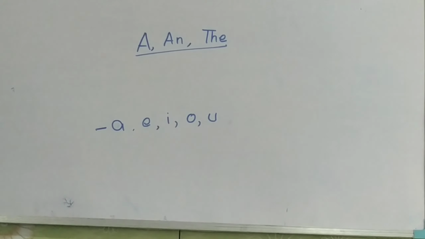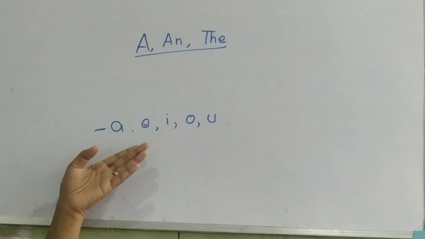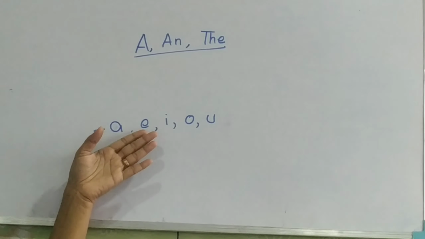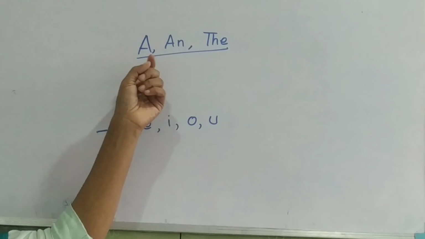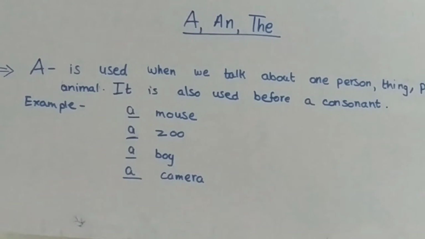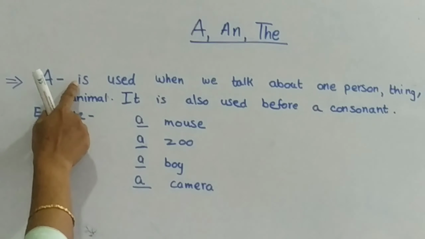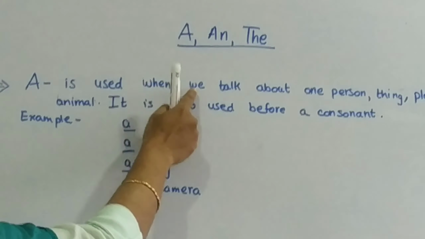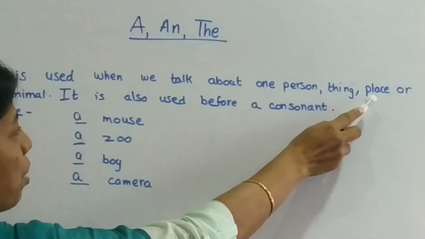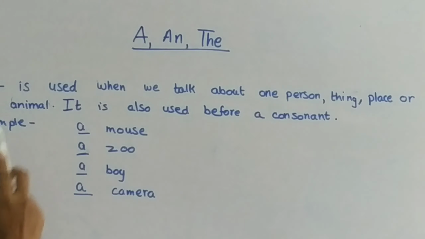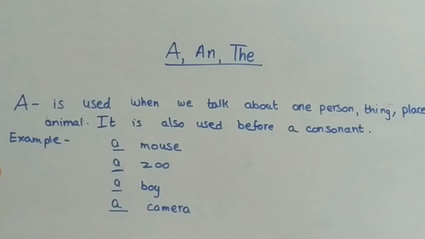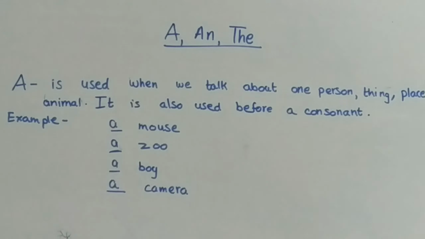So today we are going to see how to make use of consonants and vowels, and we are going to use this A and the. So a is used when we talk about one person, thing, place or animal, and it is also used before a consonant. You remember consonant and vowel?